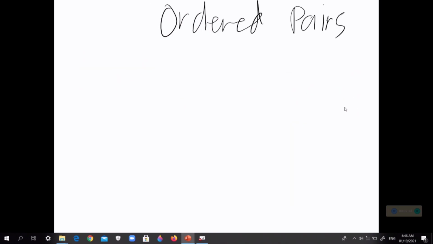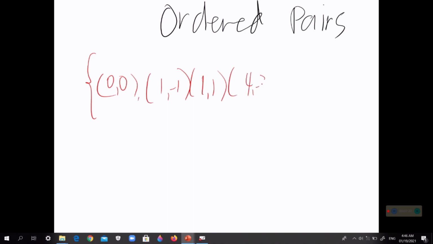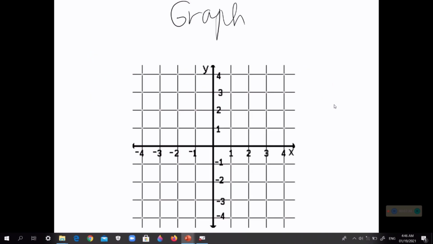Then you may also have the ordered pairs. We have 0, 0, followed by 1, negative 1, followed by 1, 1. We also have 4, negative 2, and the last is 4, 2. So this is also a type of representation of relation. Another is by graph.